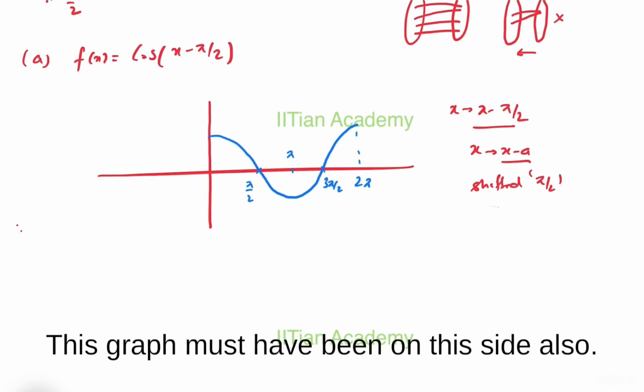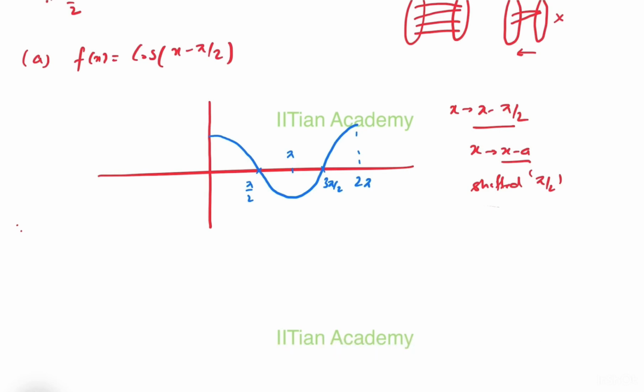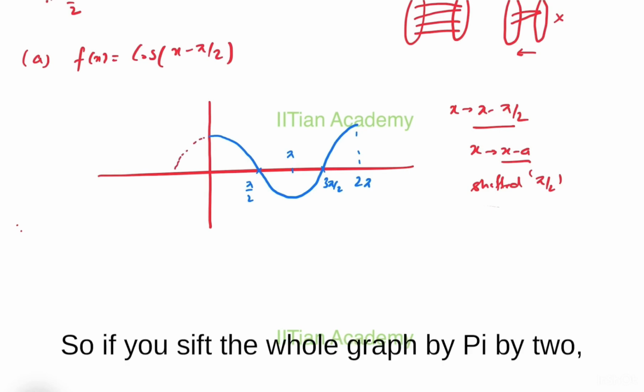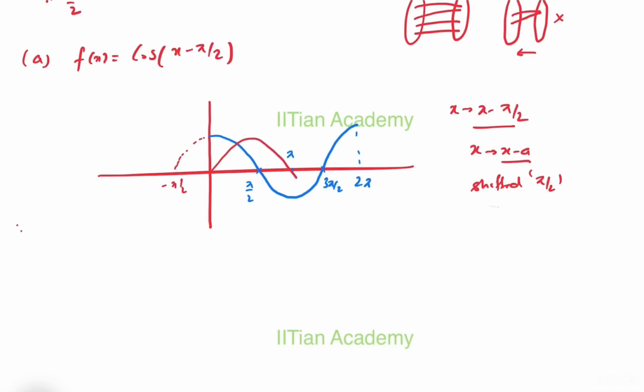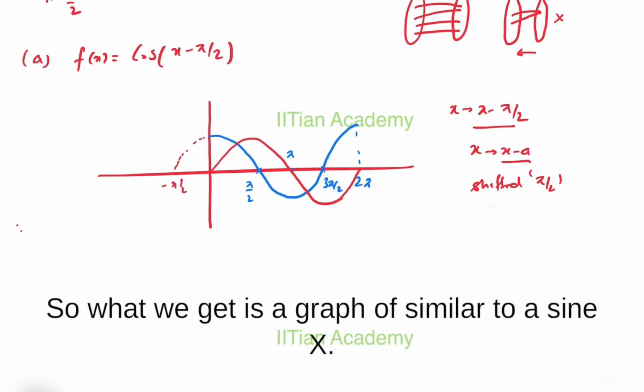This graph must have been on this side also. So if you shift the whole graph by pi by 2, what we will get is a graph something like this. So what we get is a graph similar to sin x.